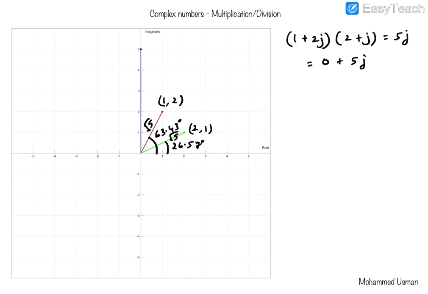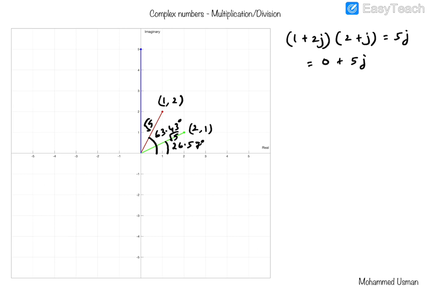Now after multiplying 1 plus 2j with 2 plus j, two things happen. The magnitude of 1 plus 2j gets scaled by the magnitude of the other complex number with which it is getting multiplied. Since the magnitude of 1 plus 2j is root 5, it will be scaled by the magnitude of the second complex number, which in this case is also equal to root 5. So the magnitude of the product is going to be the product of the individual magnitudes.